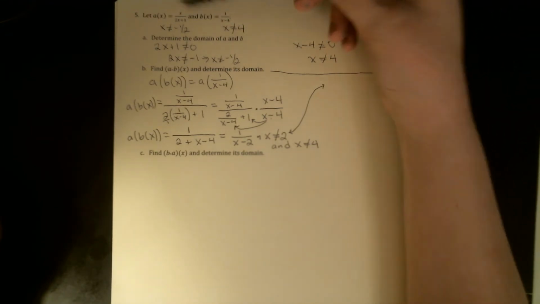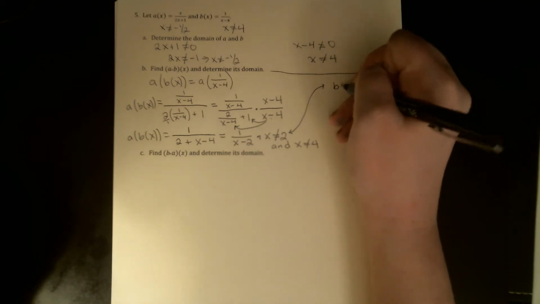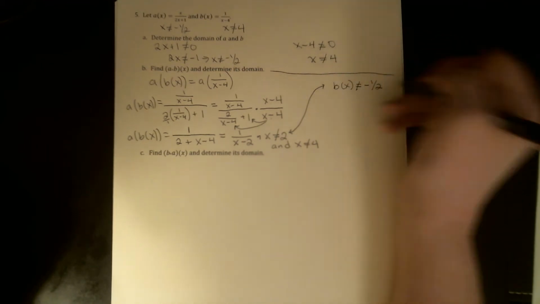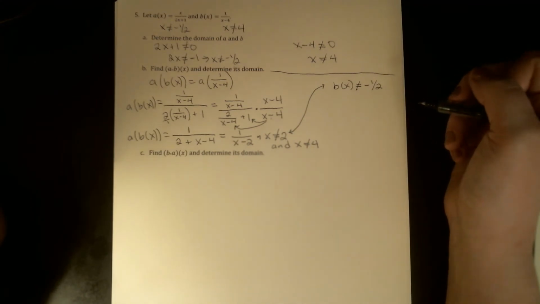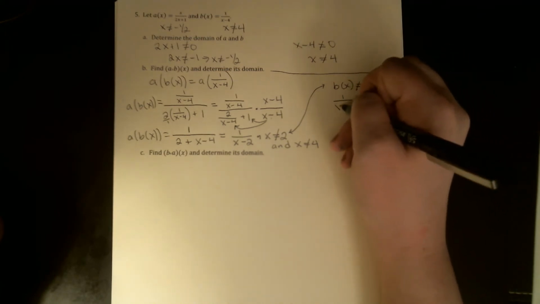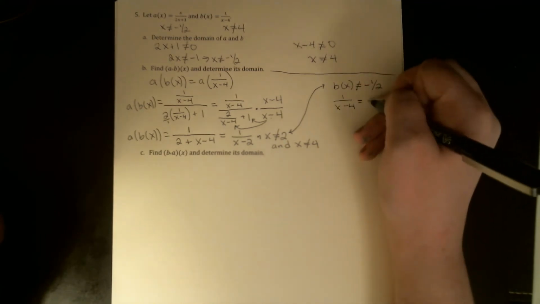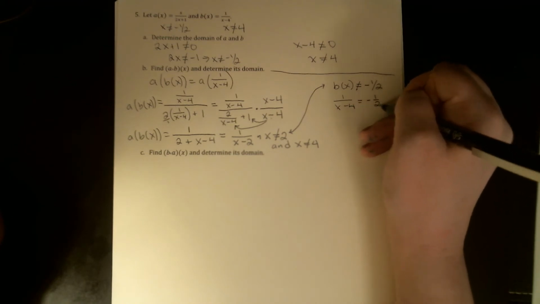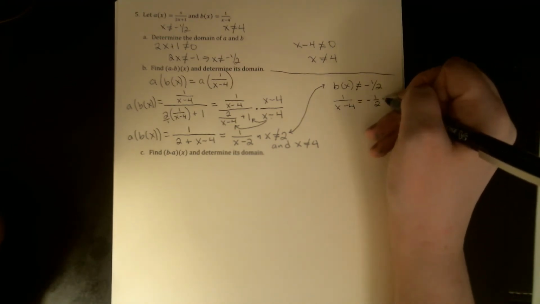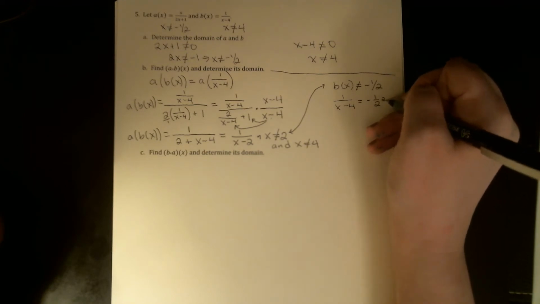So we're plugging B of x's into A, which means B of x's should never equal -1/2, right? If we want to plug a B of x into A, A will not accept it if it's -1/2. And you can actually build an equation out of this and solve. Let's see, I'm going to clear fractions, so I'm going to multiply by 2 times x minus 4.